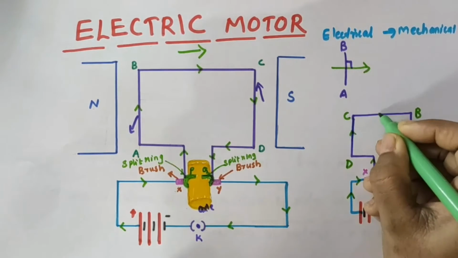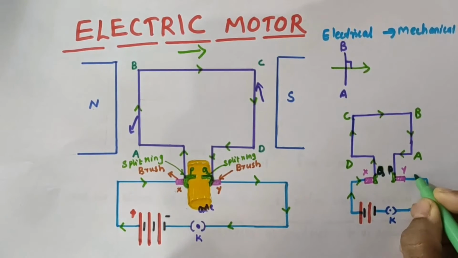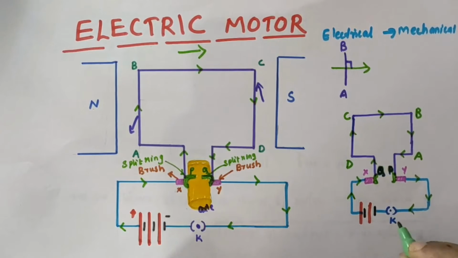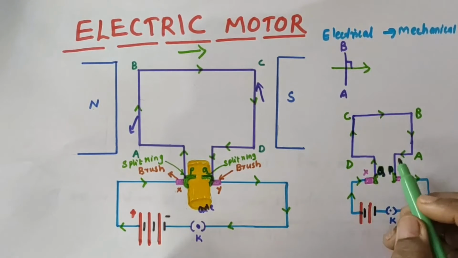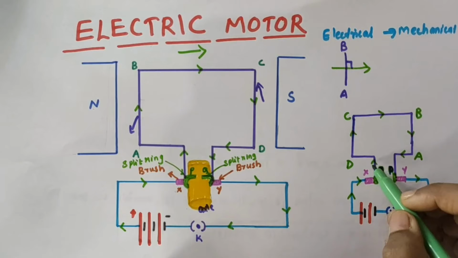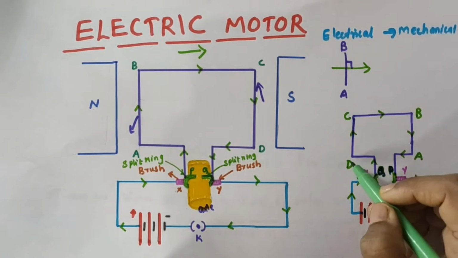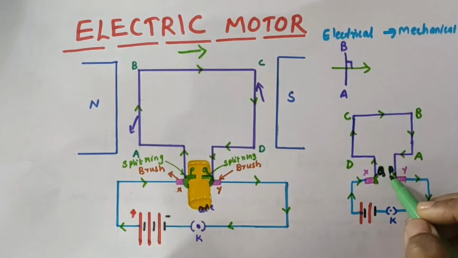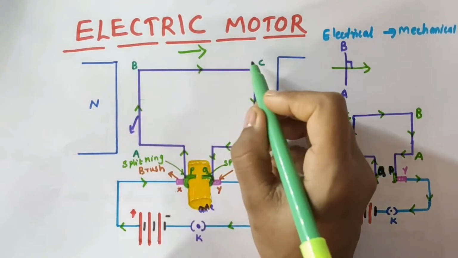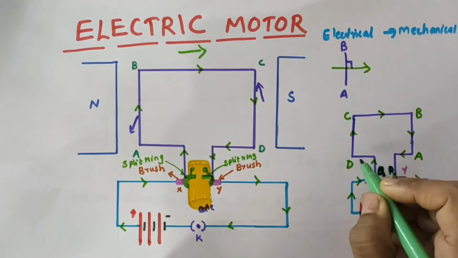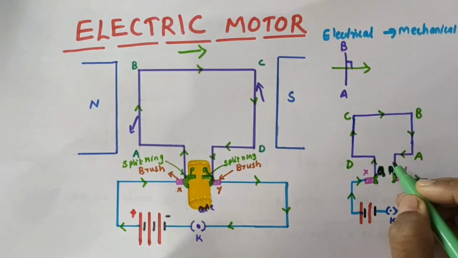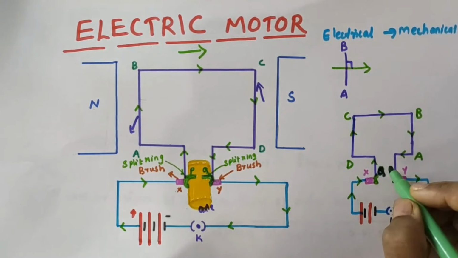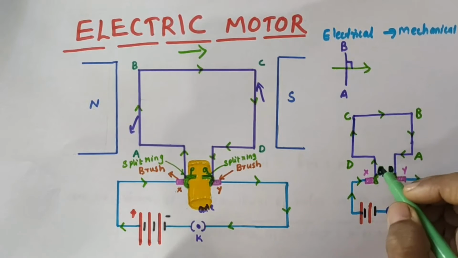Now let us see what happens after half rotation. The current will go D, C, B, A. Here it was ABCD, now it is DCBA. That is, the direction of the current in the coil has reversed.